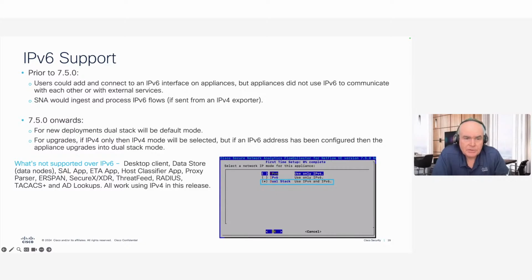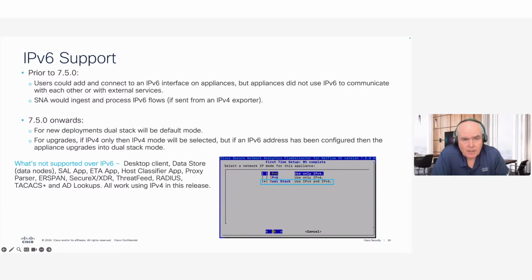Now, I mentioned IP version 6 support. Prior to 7.5.0, you could connect to the appliances via IPv6. We've always had that ability, but we never used IPv6 to communicate between the appliances with each other, if that makes sense. We would also ingest IP version 6 flows.